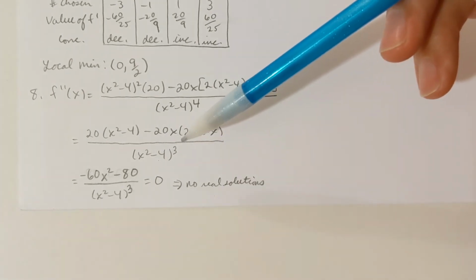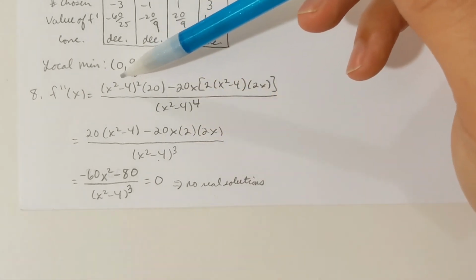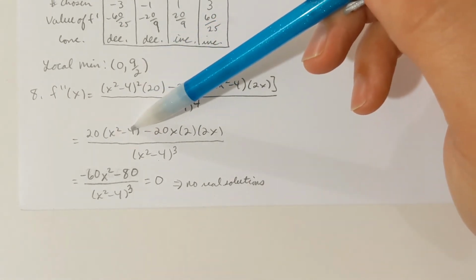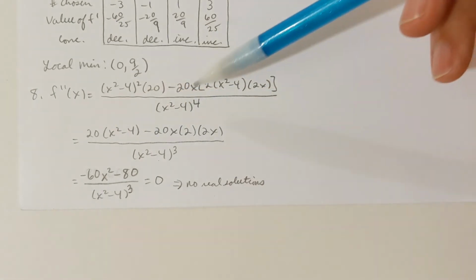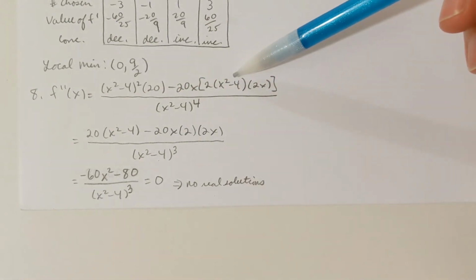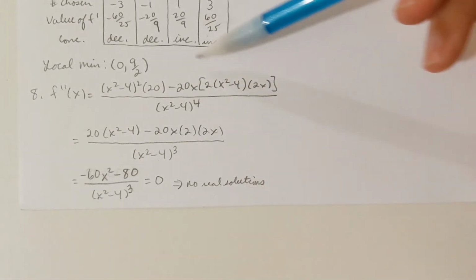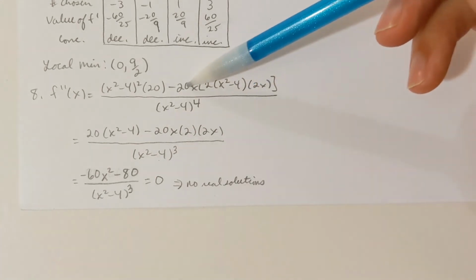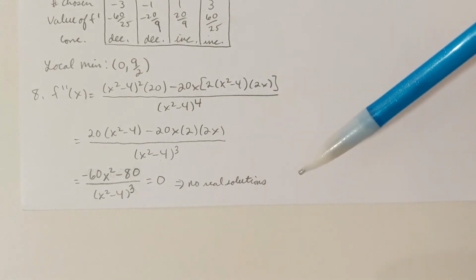Okay, so that's what I'm doing here to start. One of these x squared minus 4 terms has been factored out and canceled, so you're going to have one more remaining, times 20, and then minus, this x squared minus 4 has been factored out and canceled, so you're going to be left with the other things here, minus 20x times 2 times 2x.